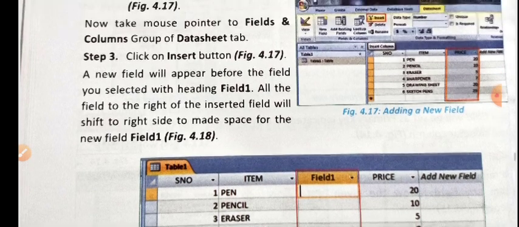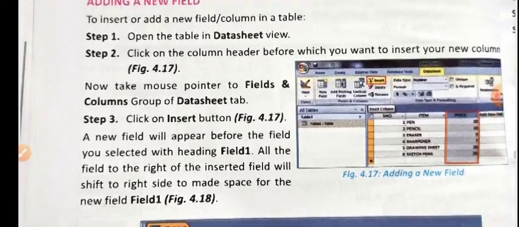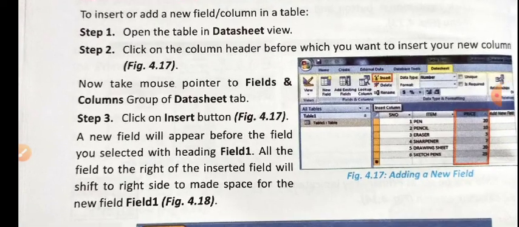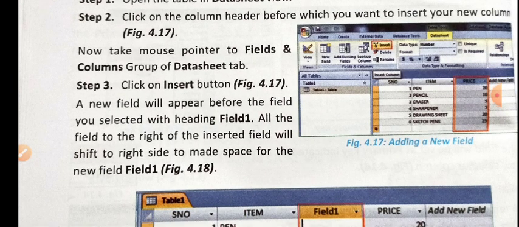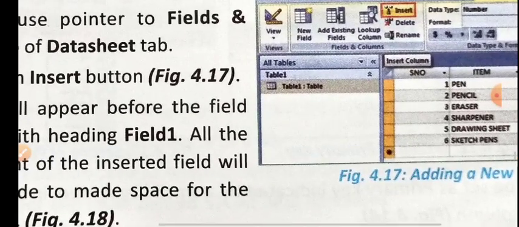Just open the table in the datasheet view, and in the column header where you want to insert a column, take your mouse pointer there and click on the insert button, and you will see that a new column is added in the table.